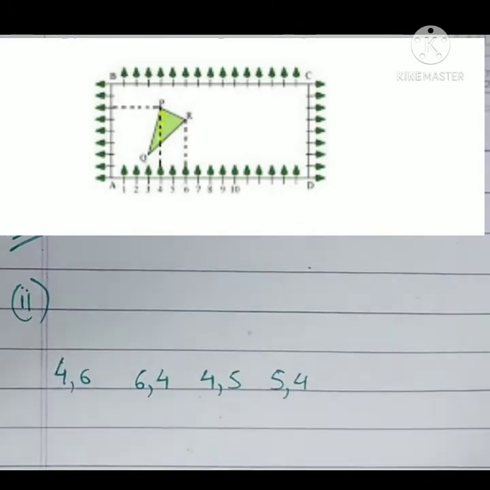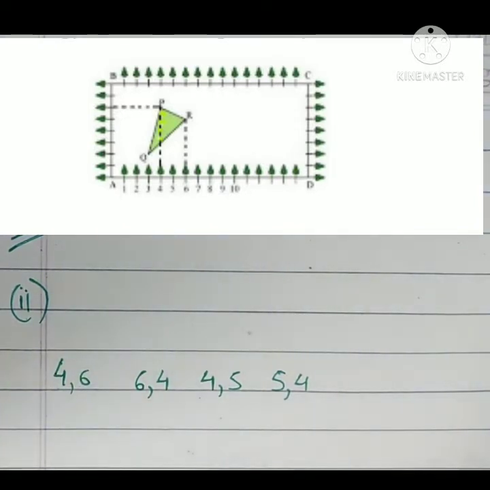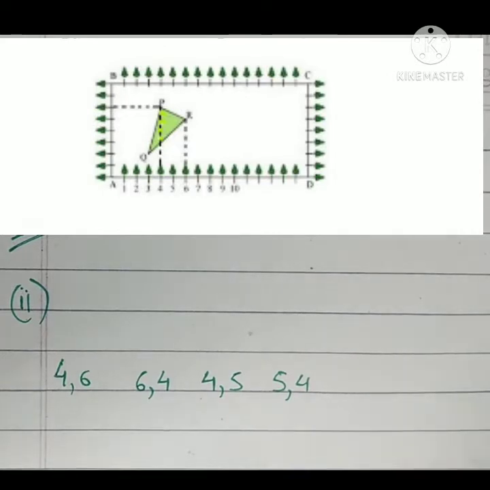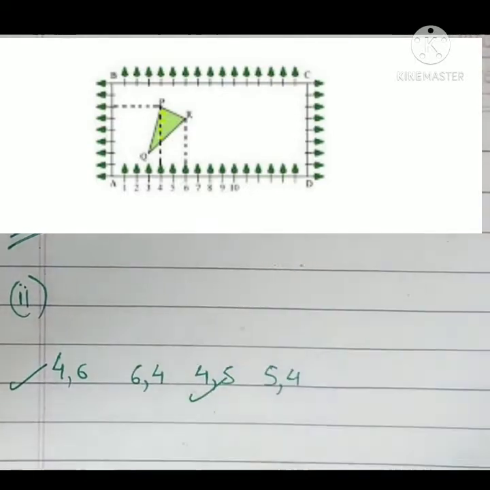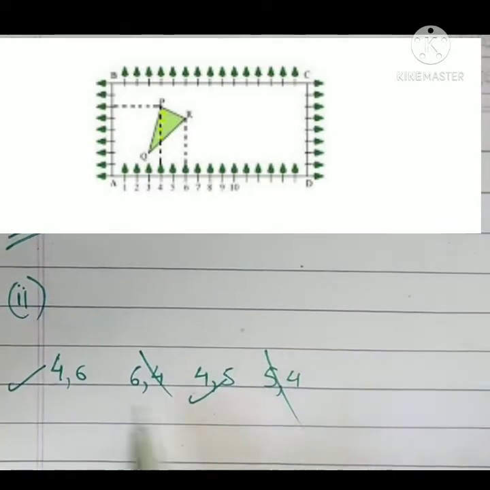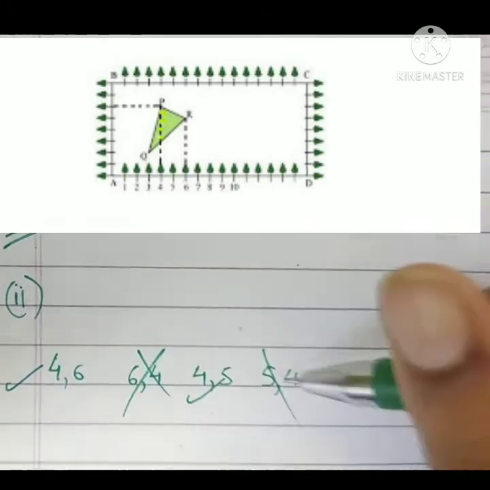Now from the diagram, if this is the x-axis, the bottommost line, the origin of x for P is from point 4, so only option A and option C can come, because these do not start with 4, so just cancel them.